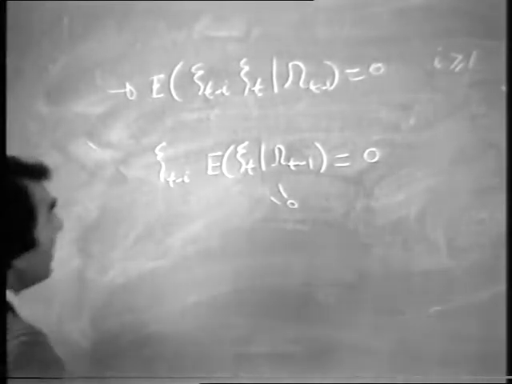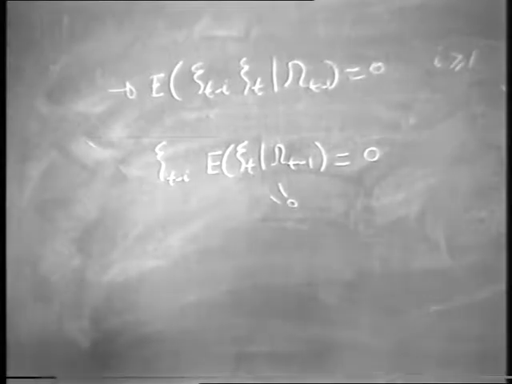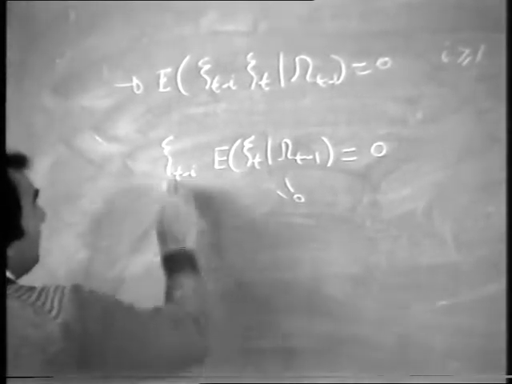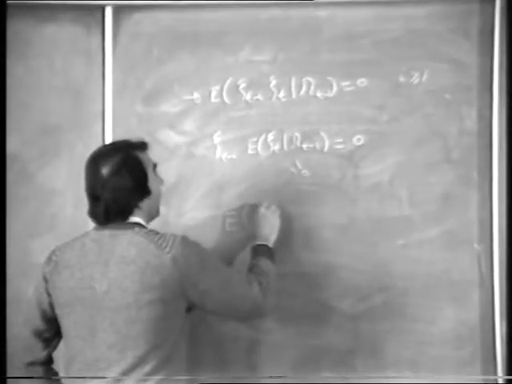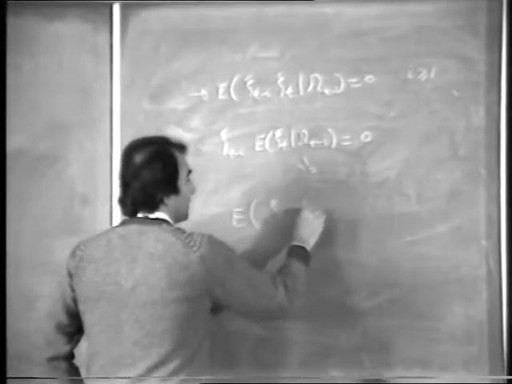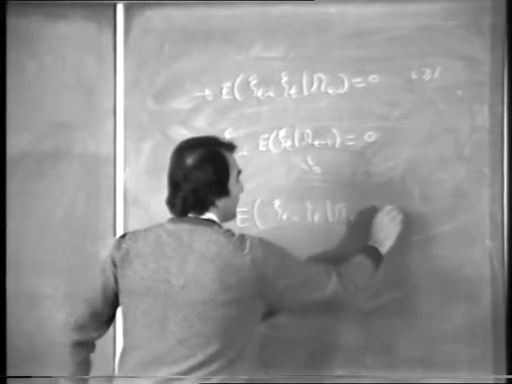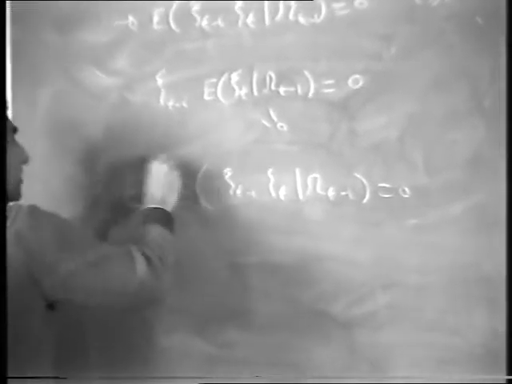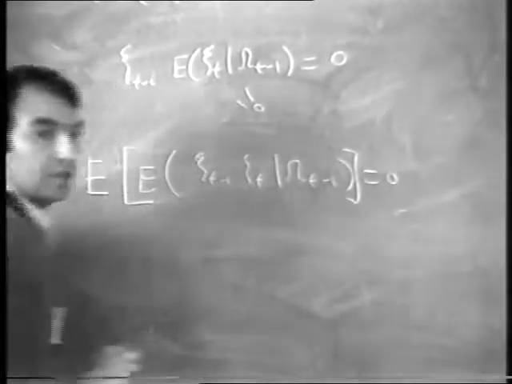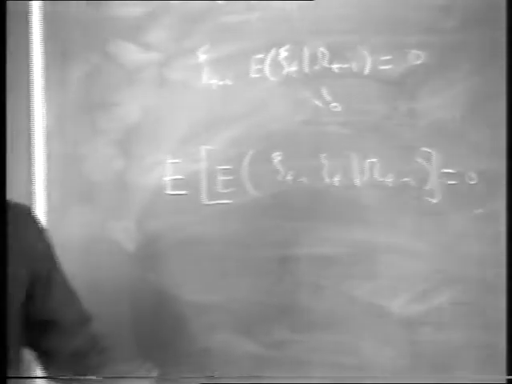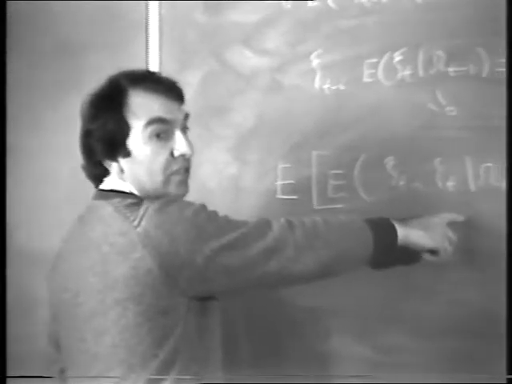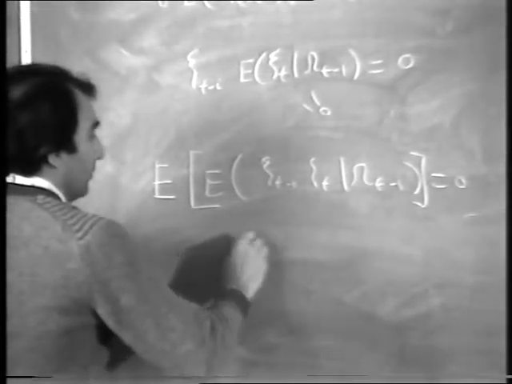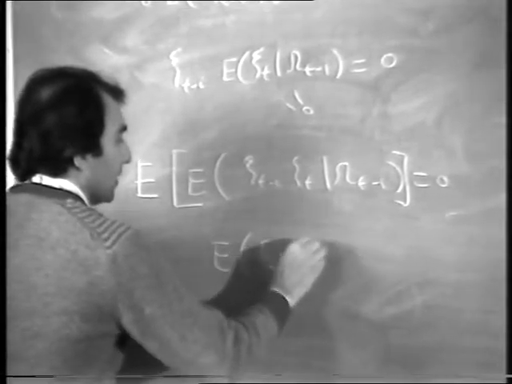Now, another property which we haven't talked about: if you have a conditional expectation equal to 0, say, in this case, the expectation of xi t given omega t minus 1 is 0, the unconditional expectation would also be 0. Because if you take the unconditional expectation of both sides, the expectation of 0 is 0, so the whole thing becomes 0. But if you take the unconditional expectation of a conditional expectation, it becomes equal to the expectation of xi t.